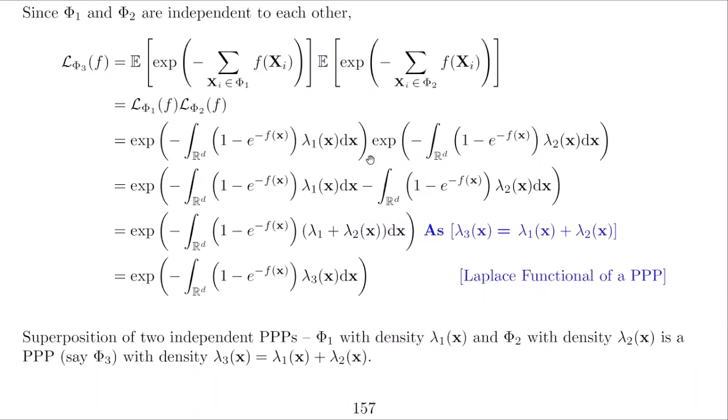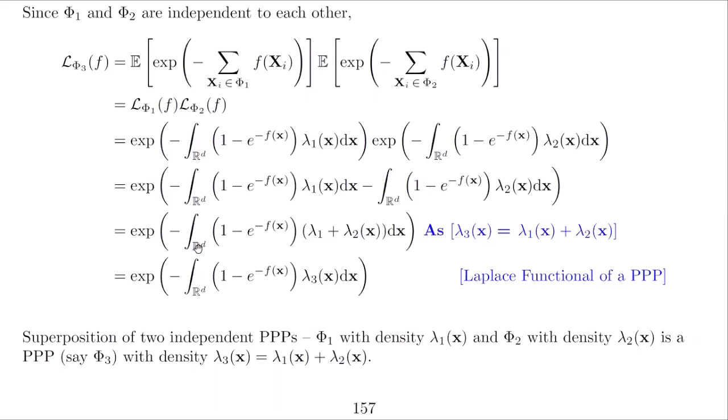Now, the remaining is to solve it. Because both are exponential, these terms will add up, and since it's an integral, the common parts combine. So what you get is the exponential of minus the integral of 1 minus e to the minus f(x), times lambda 1(x) plus lambda 2(x), dx. Now I know lambda 3(x) is equal to lambda 1(x) plus lambda 2(x), so I will replace it here with lambda 3(x) dx.